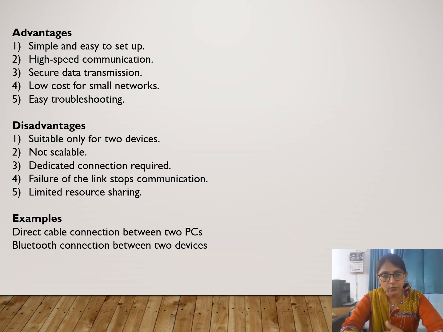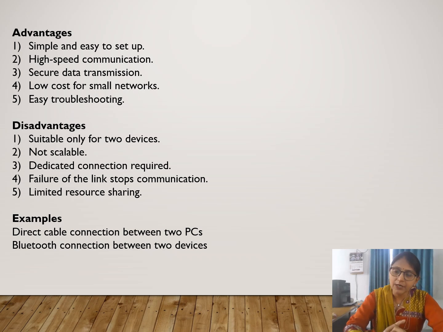High speed communication: no other systems are connected, so the communication speed is high. Secure data transmission: because communication is between two systems, we can secure our data. There are no extra hardware and software requirements, so lower cost for small networks, and we can easily find errors and set it up. These are the advantages of the point to point network.